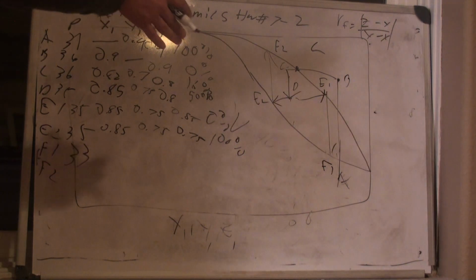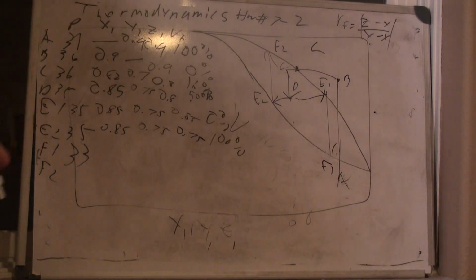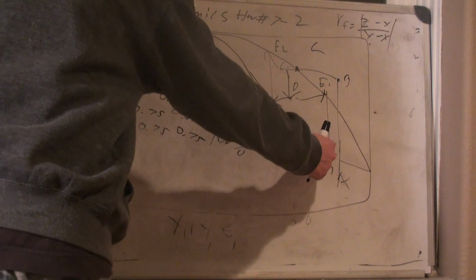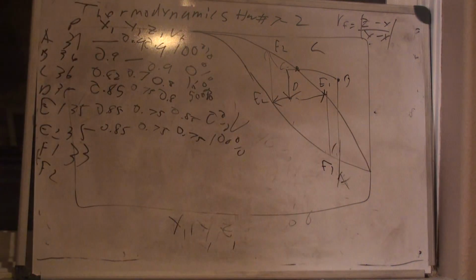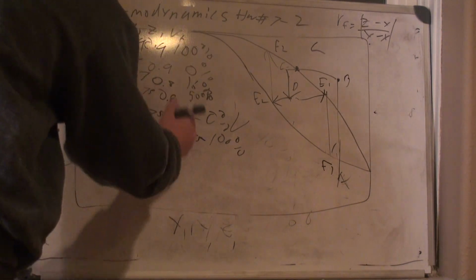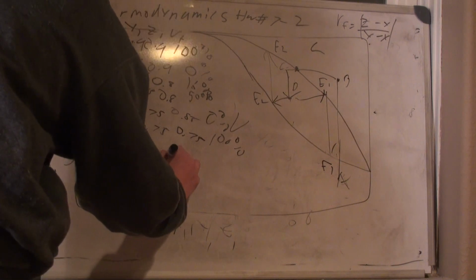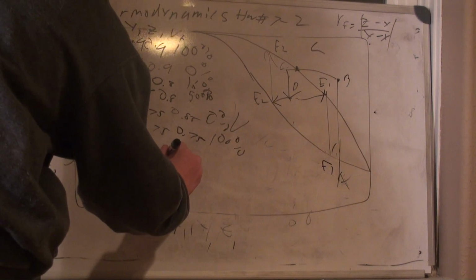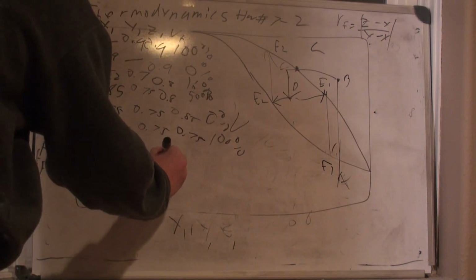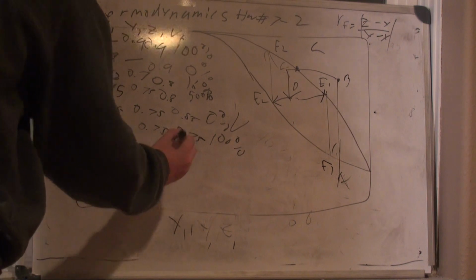Yeah, my liquid composition changed. Because I was here, now I'm here, and so my liquid's way over there. So at 33, maybe like 0.92. However, this should be exactly 0.85.